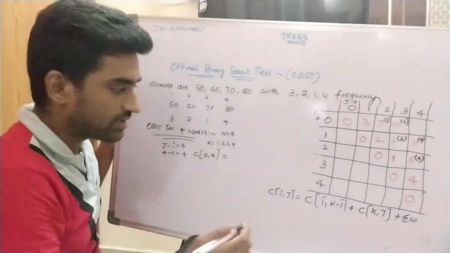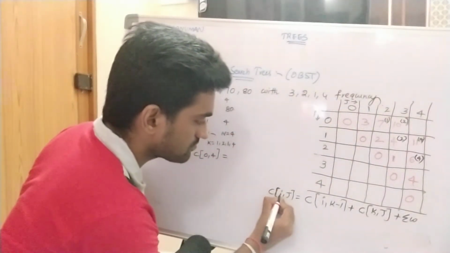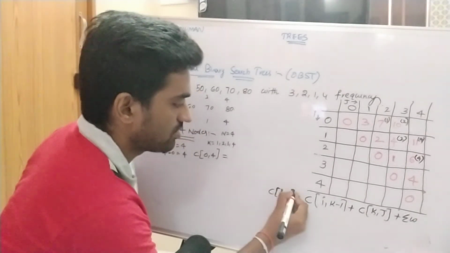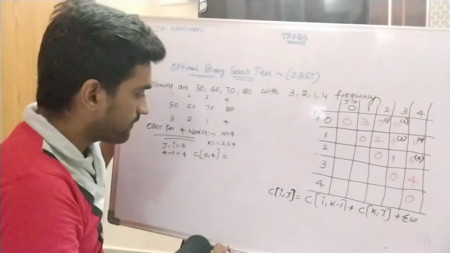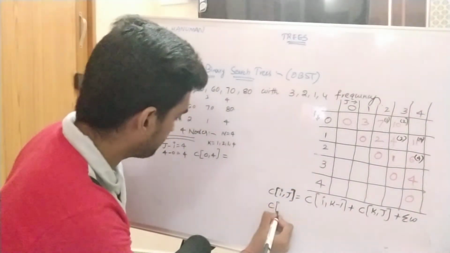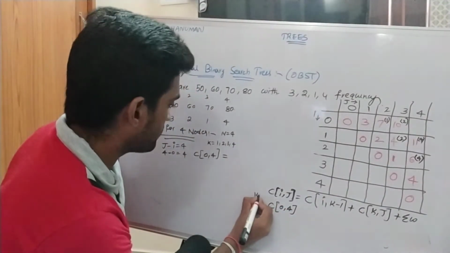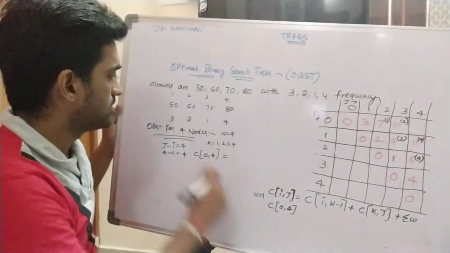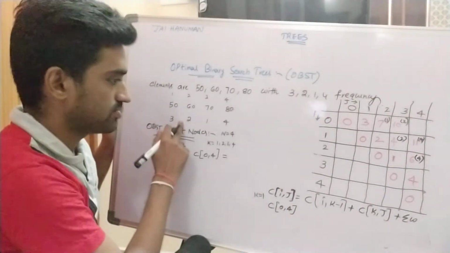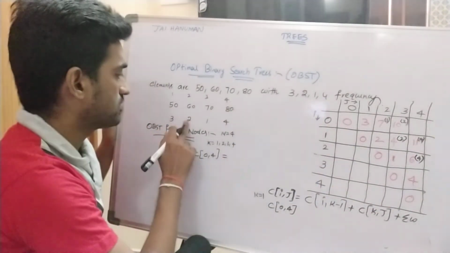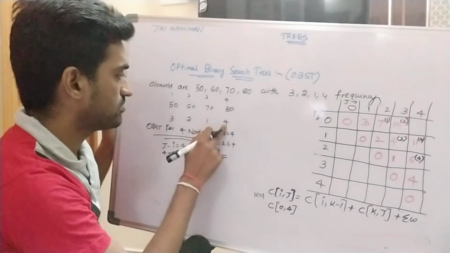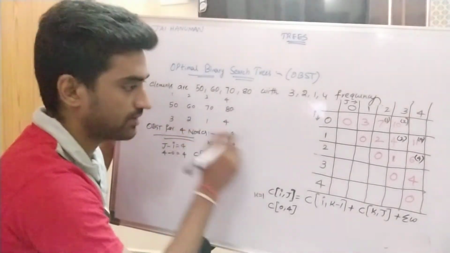Right? So here I am calculating cost of 0 comma 4 when k equal to 1. The sum of all frequencies is the weight: 5, 9, 10.